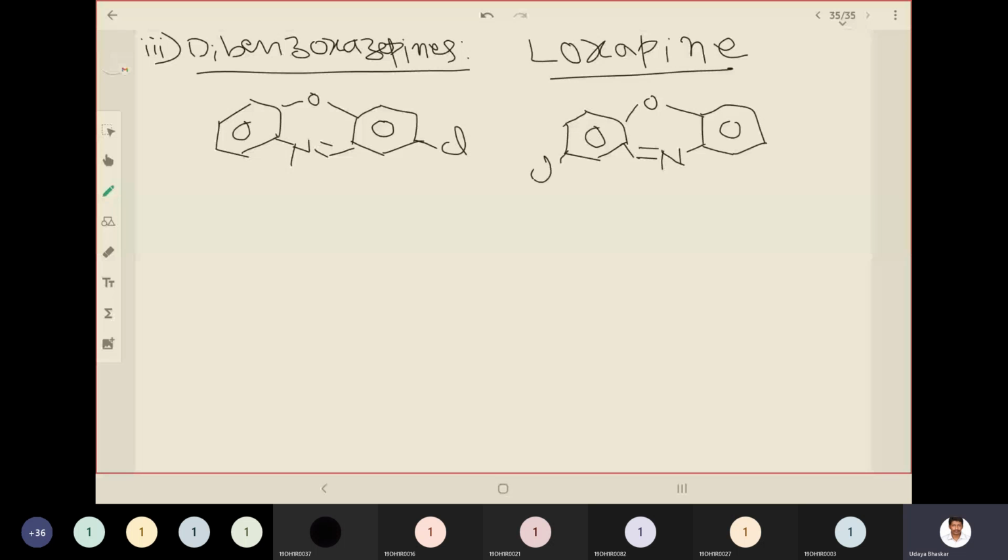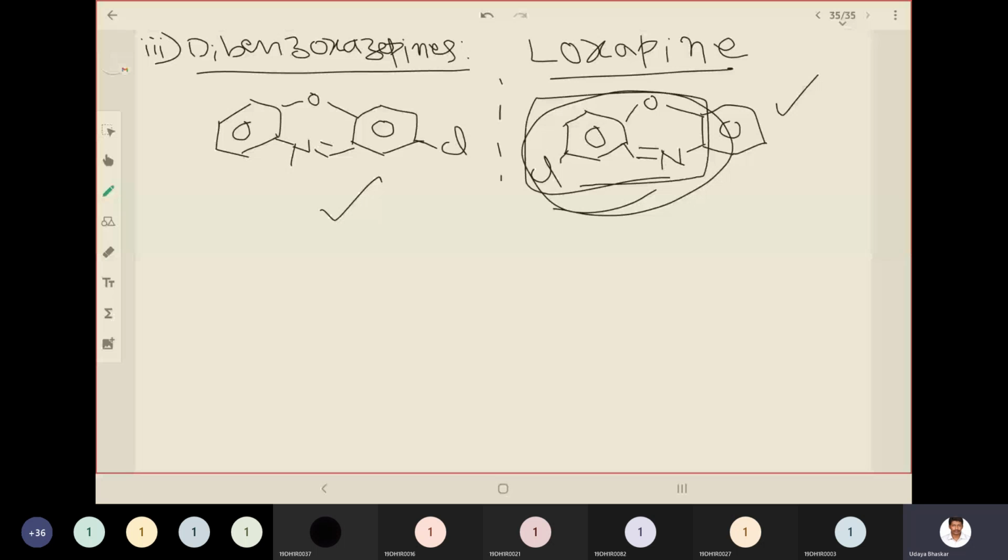So this is a mirror image. Okay, so this is how we have written benzodiazepines, and we have written this as a mirror image.